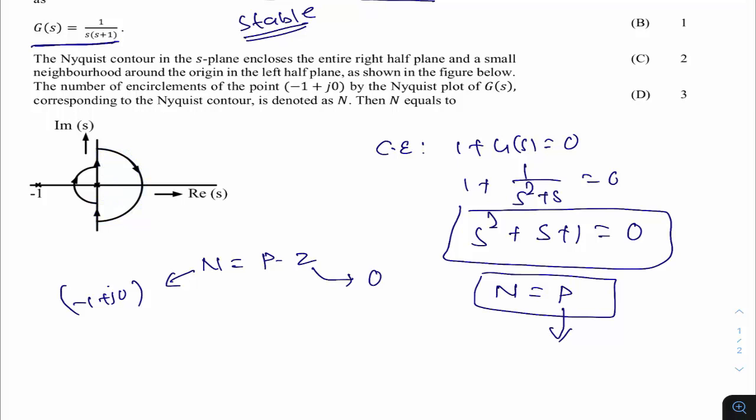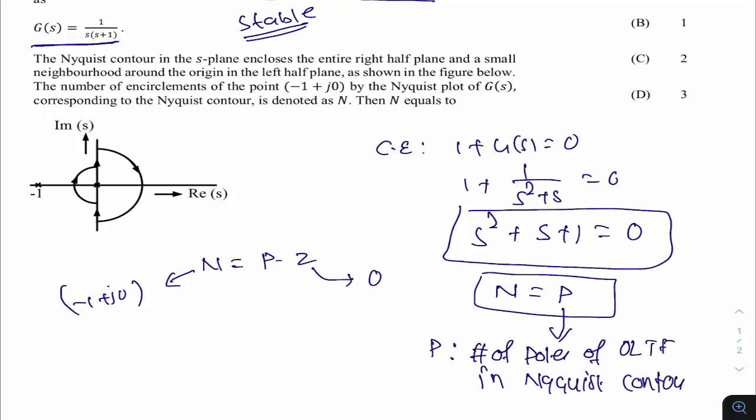So by default, if somebody asks you to define P, it indicates the number of poles of the open loop transfer function in the Nyquist contour.